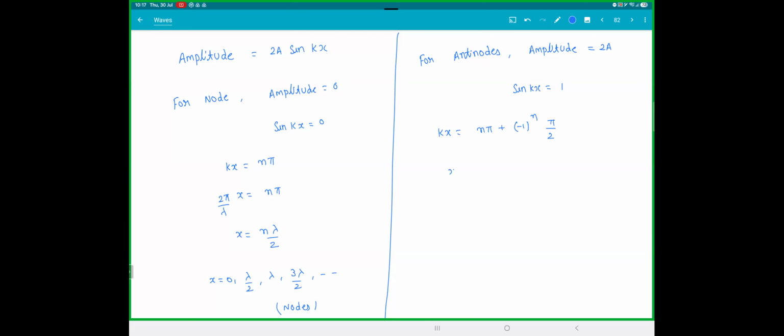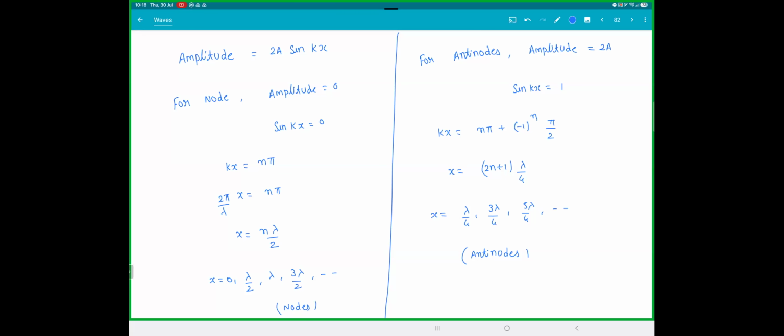Now you can simply write it like this: x is equal to (2n+1)λ/4. When you put in the values, we get x is equal to λ/4, 3λ/4. There again, you can clearly see these are in the middle. These are antinodes. This is a mathematical proof that the nodes exist and the distance between them is λ/2 and all that stuff. All clear with the story? This is the theory of stationary waves.